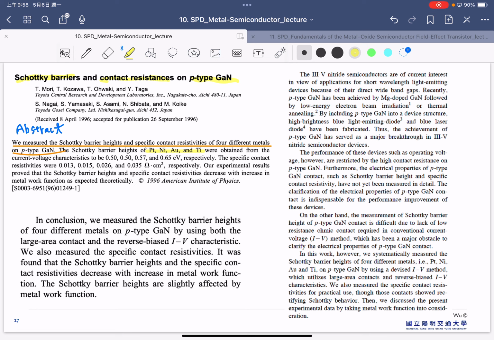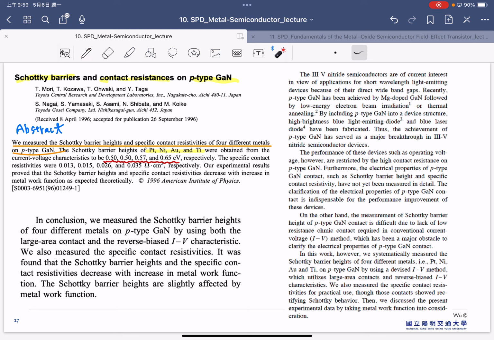And these 4 metals are still very popular in our semiconductor industry right now, and the barrier heights were obtained from the current-voltage characteristic. So you can see that the analysis here is actually very simple. He's trying to extrapolate the Schottky barrier height for these four metals based on the typical IV characteristic, and in the end he can obtain this kind of barrier height.